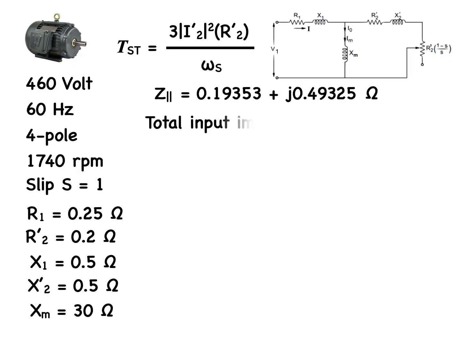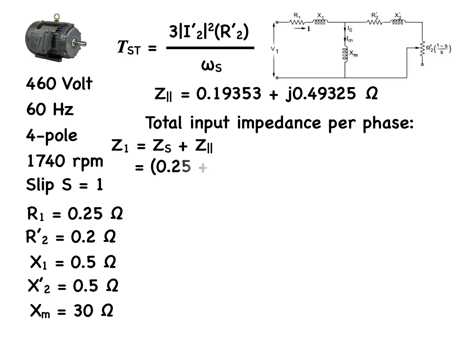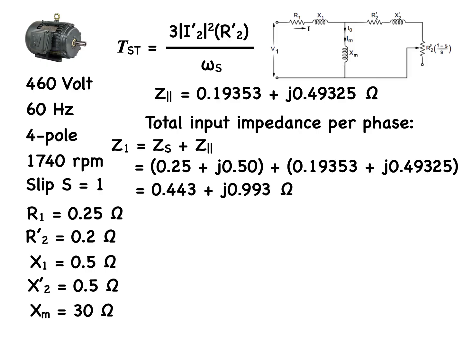The total input impedance per phase, Z1, is equal to ZS plus Z parallel, which equals 0.25 plus j0.50 plus 0.19353 plus j0.49325. That reduces to 0.443 plus j0.993 ohms.